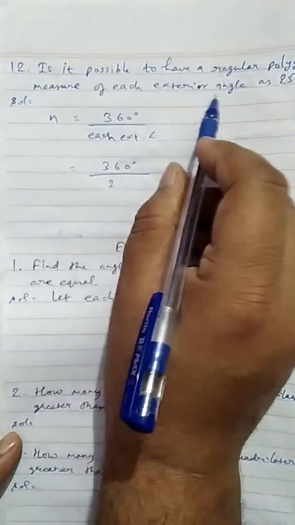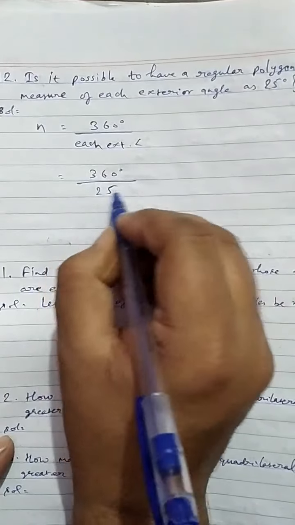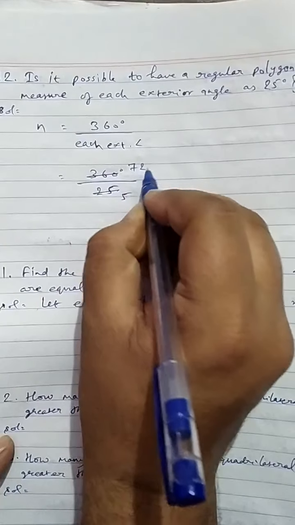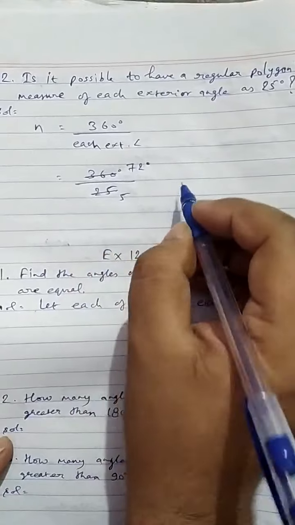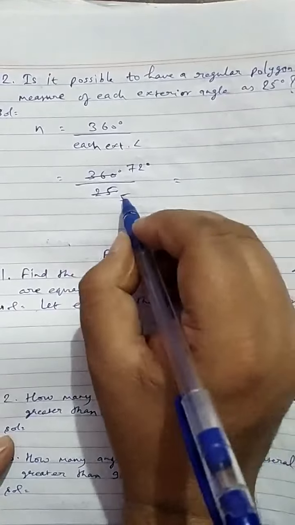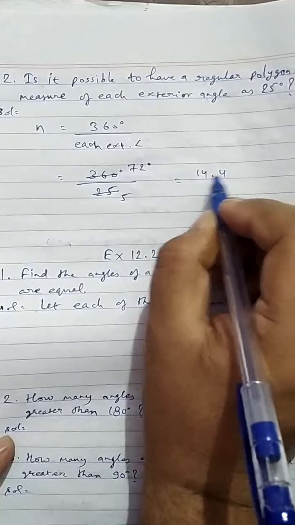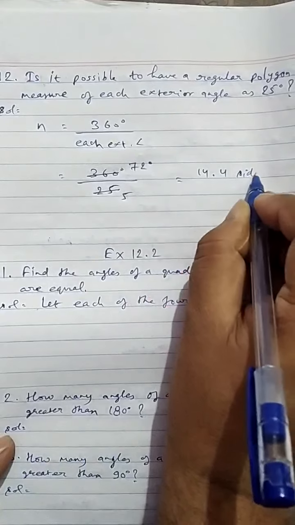So the value of each exterior angle is given to us, 25 degrees. So we'll put here 25, 5 5s are 25, 5 7s are 35, 5 2s are 10. Now if you divide 72 by 5, you get 14, 5 14s are 70 and 5 4s are 20. And it is 14.4 sides, which is not possible.